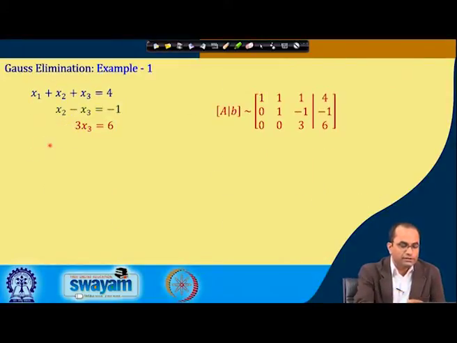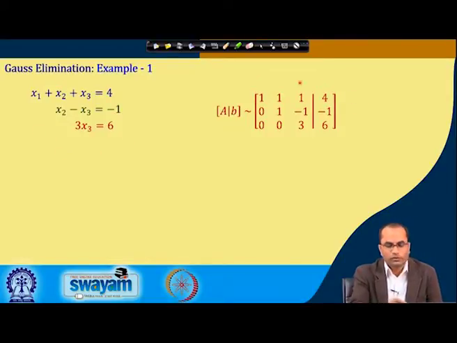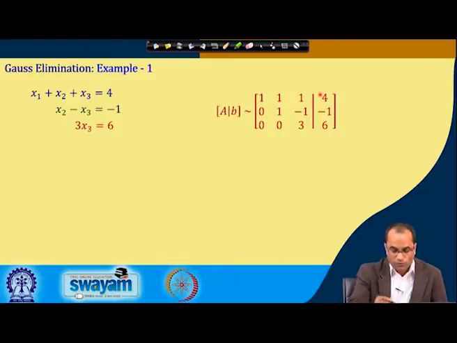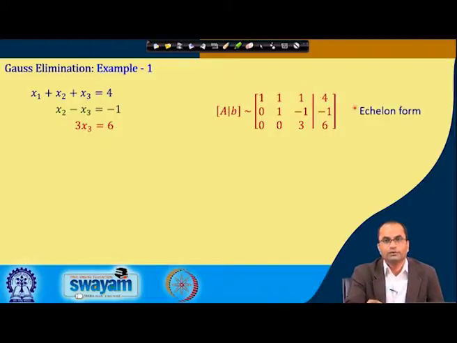And now, the next one. So, we have this reduced system or corresponding augmented matrix, and this is the one step which we have to do in this Gauss elimination, to start with this augmented matrix and to reduce into this form which we call echelon form. We will be continuing this discussion in the next lecture, what exactly echelon form is in general.